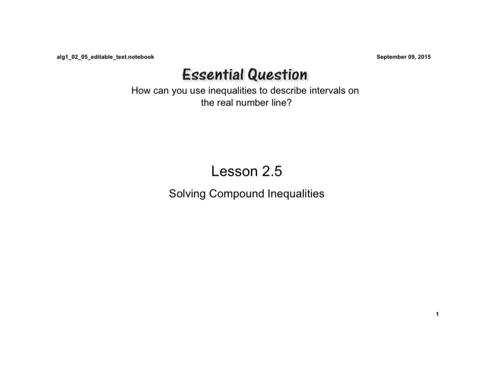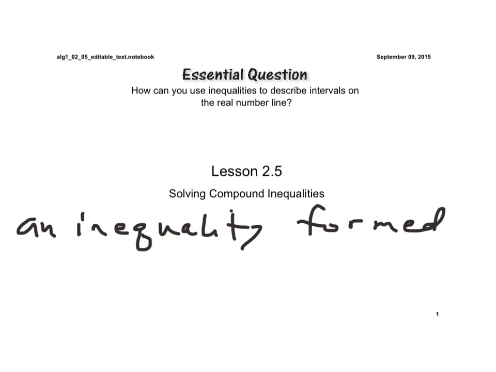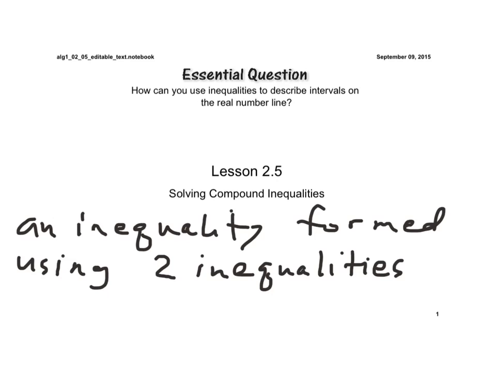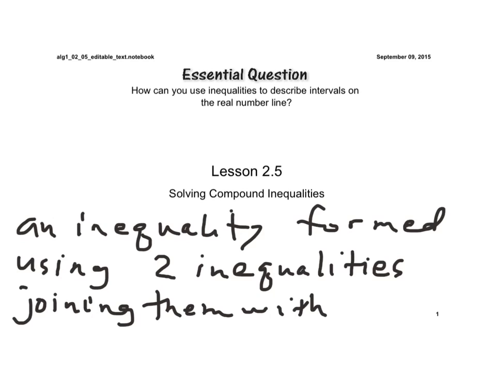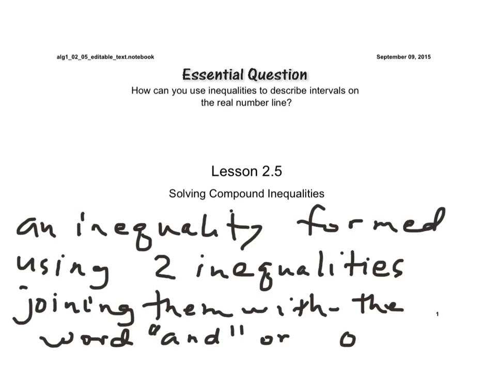So the first thing we're going to do today is be solving compound inequalities. So first of all, what is a compound inequality? Well, a compound inequality is an inequality formed using two inequalities joining them with the word and or the word or.